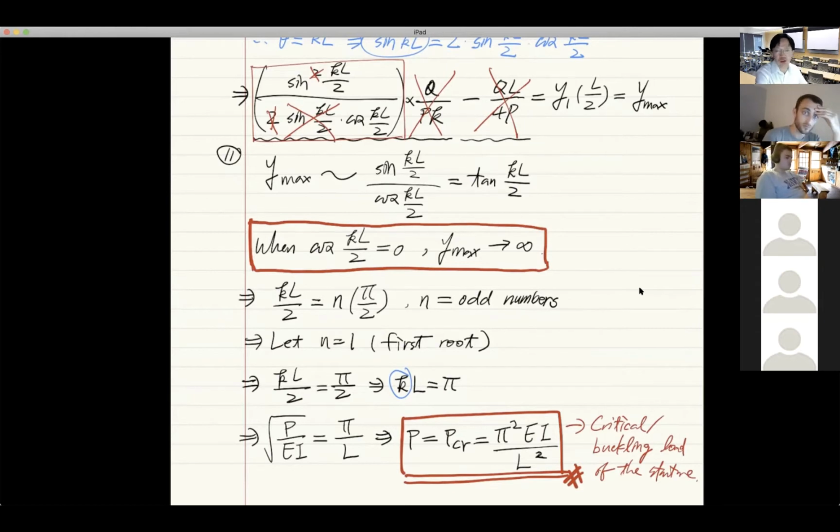One of them is to let the deflection approach infinity. The second condition is to let the stiffness become 0. And the third condition is to set the determinant of the stiffness matrix to 0. There are 3 conditions, and we just use 1 today. Okay, any other questions on this one?